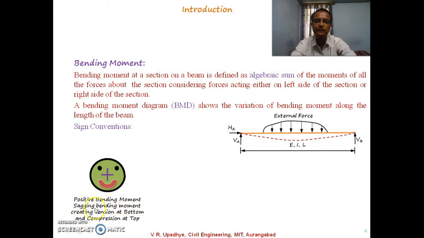Positive bending moment, which is sagging, creates tension at the bottom and compression at the top. If we are considering a cross section in between, due to this kind of deflection it will create tension at the bottom and compression at the top. That kind of bending moment is called sagging bending moment, and that will be termed as positive.